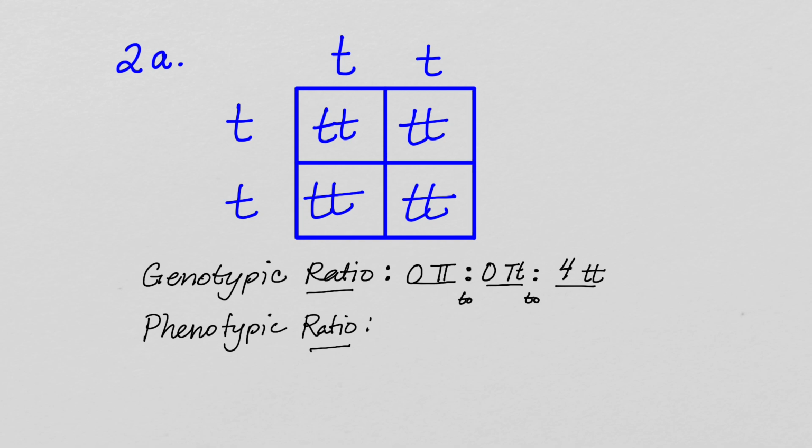So you can see that we're filling in all possibilities when we're reporting these ratios, and we're doing so in the same order.